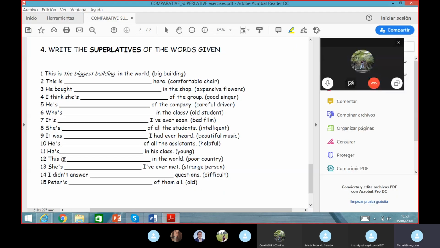Okay, so let's see. One, this is the biggest building in the world. Two, this is the most comfortable chair here. Be careful with the pronunciation of comfortable, okay, which is not confortable or uncomfortable. It's comfortable.